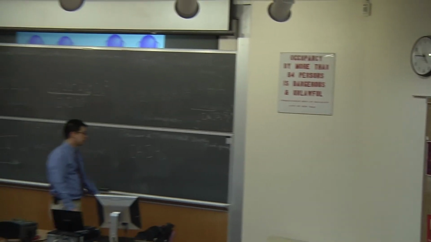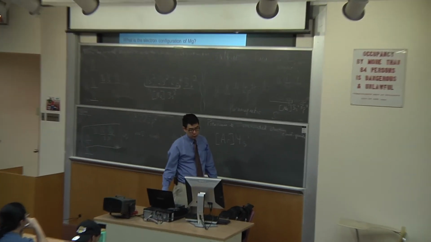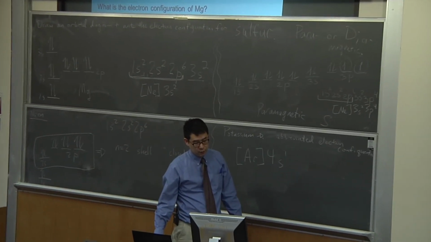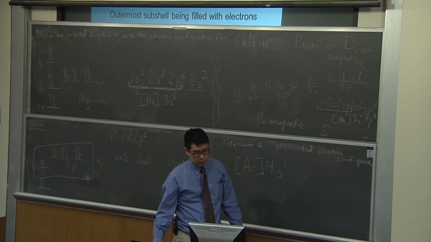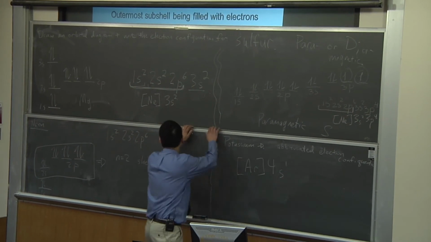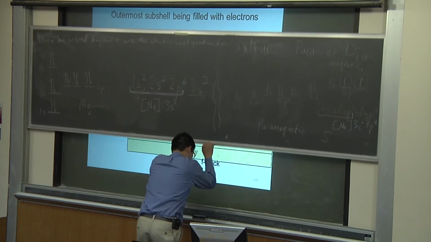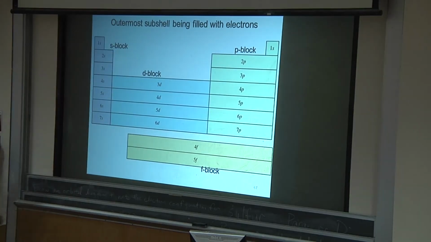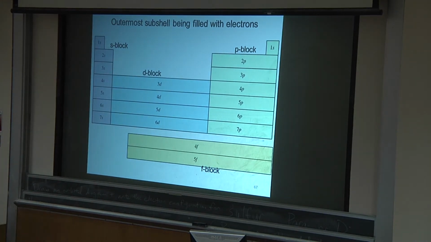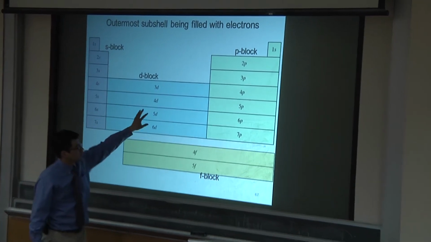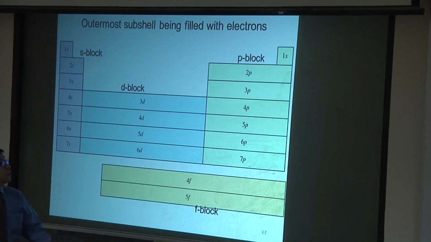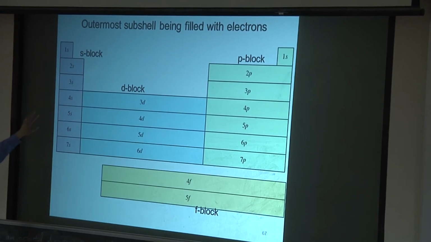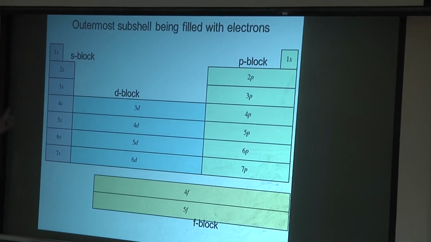Okay, so we did this one, and that essentially corresponds to this. All right, so here's your S block, your P block, your D block, and your F block. And hydrogen, 1s, right?